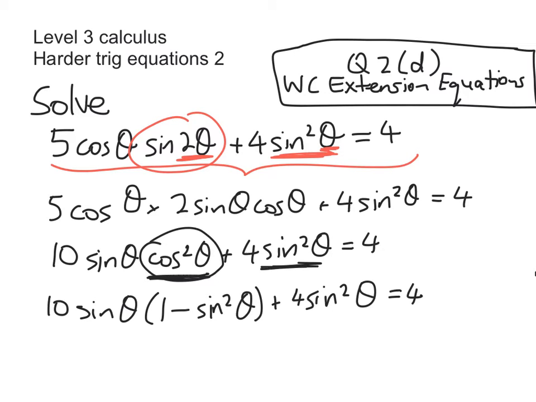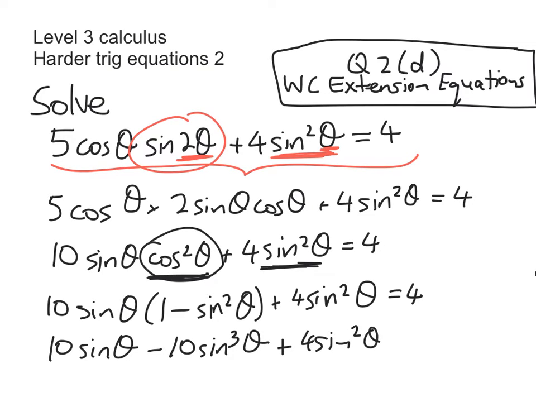Right, so we expand that out. We've got 10 sine theta minus 10 sine cubed theta plus 4 sine squared theta minus 4 equals 0. So I've got a cubic, which is not really what I want.